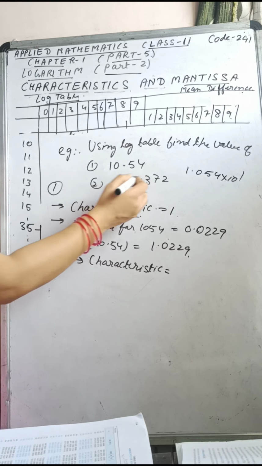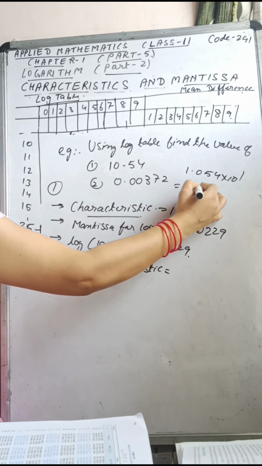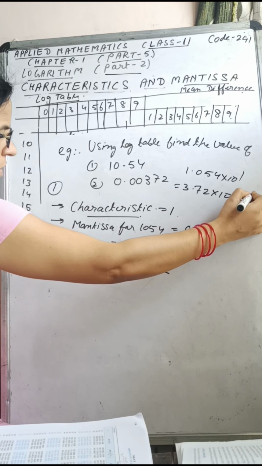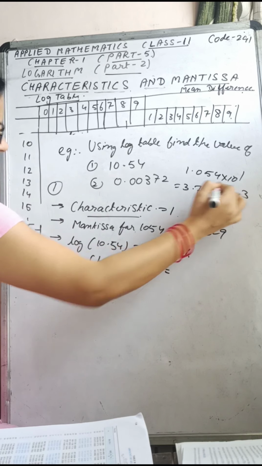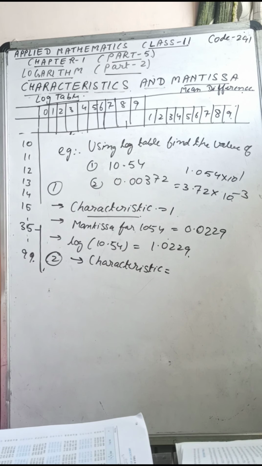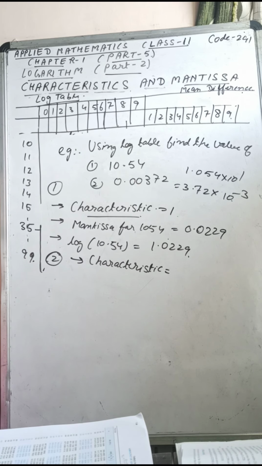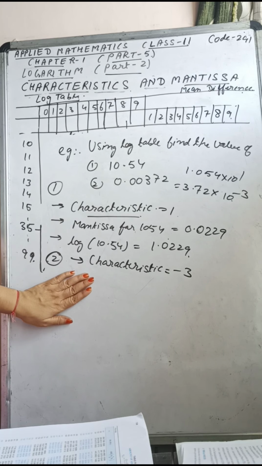So we write 3.72 times 10 to the power minus 3. So the characteristic here is minus 3.